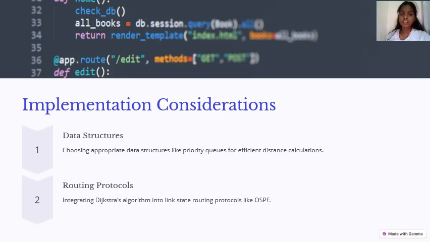And the next is routing protocols: integrating Dijkstra's algorithm into link state routing protocols like OSPF. These are the two implementation considerations for Dijkstra's algorithm: data structures and routing protocols.